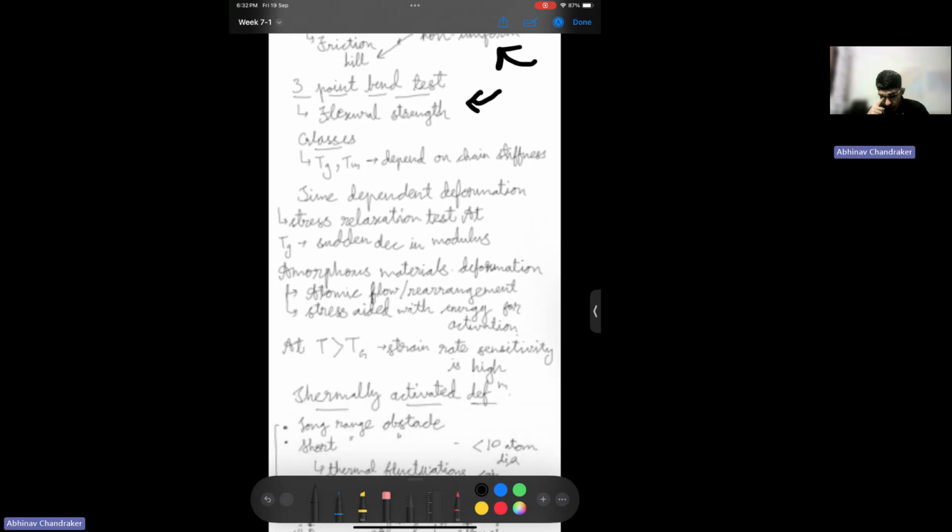Then we can also look at glasses. Glasses also have a completely different structure. At high temperatures, they will be amorphous. So above Tg they'll be amorphous, but below that they will start to crystallize, and they have a specific glass temperature and melting temperature.